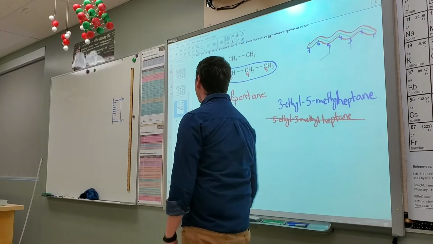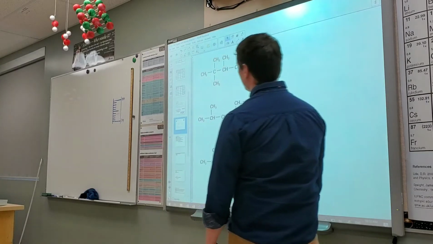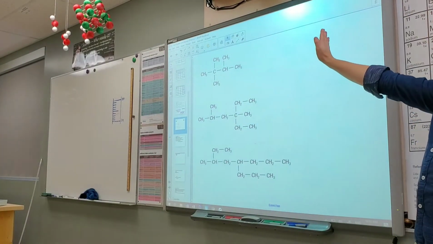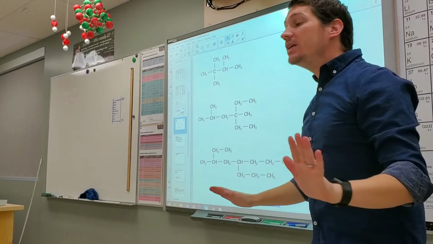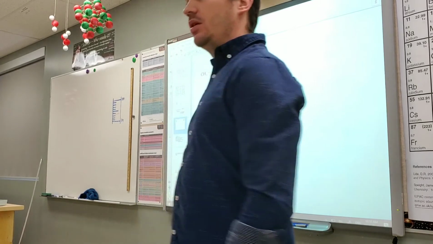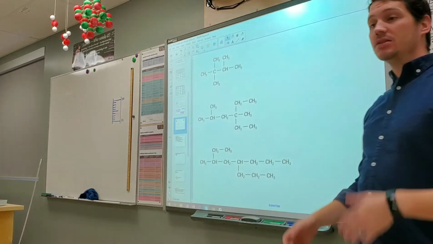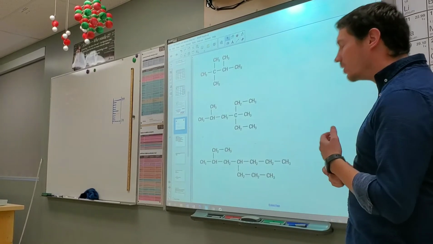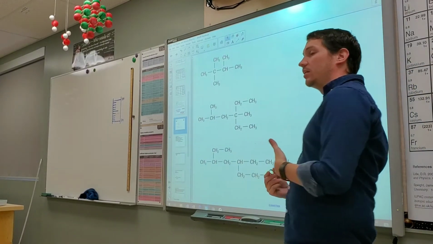So let's see that in action here. Let's take a look at this first chemical and reread your rules. What is rule number 1? Find the longest parent chain. So go straight from one end to the other. Try and find the longest parent chain for me.